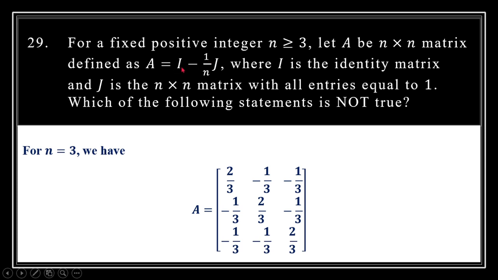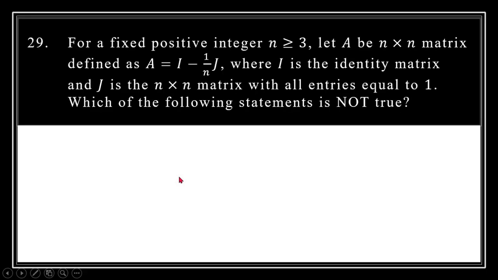So A becomes 1 minus 1 by 3, 0 minus 1 by 3, and so on. So it becomes A is equal to 2 by 3, minus 1 by 3, minus 1 by 3; minus 1 by 3, 2 by 3, minus 1 by 3; minus 1 by 3, minus 1 by 3, 2 by 3.